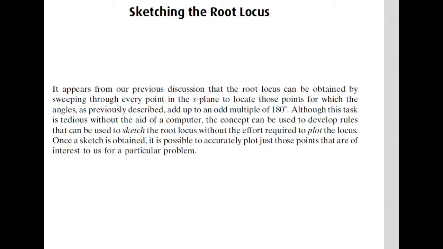That is the concept we have to take into consideration: the points for which the angles add up to an odd multiple of 180 degrees, and we apply certain rules, and after applying them we get certain points, and those points give the root locus, instead of checking each and every point.